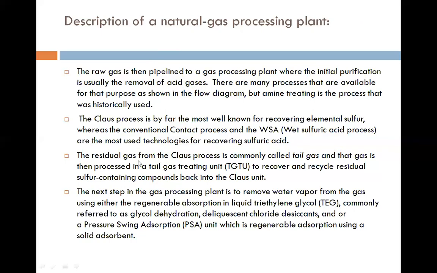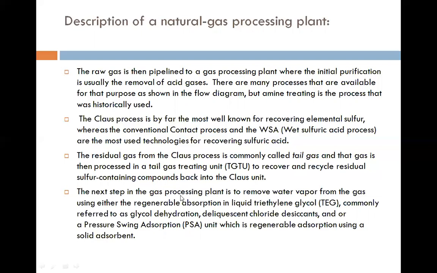The residual gas from the Claus process is commonly called tail gas, and that gas is then processed in a tail gas treating unit in the plant to recover and recycle residual sulfur-containing compounds back into the Claus unit.